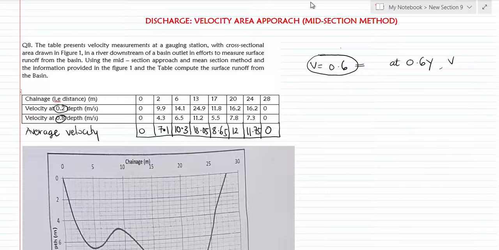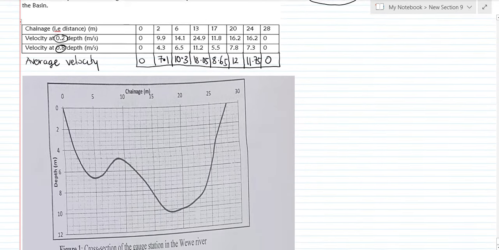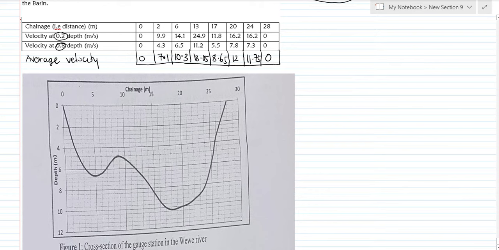After getting it, we need to mark out the chainages. So you come to the cross section and you mark out the chainages. I'm using the red marker. It starts from 0, then 2, and this is 6. So let me draw the chainage.